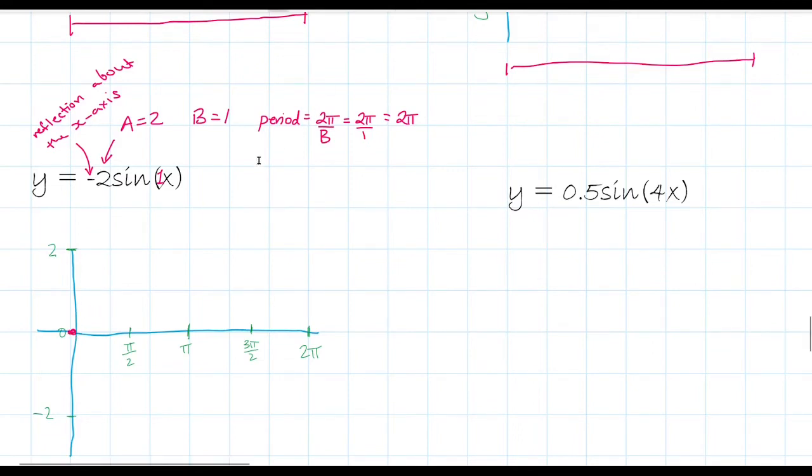And then now, instead of plotting pi on 2 up here, we're going to come down and plot it at negative 2, back to 0 at pi, and then plot up here and then back at 2 pi. And there, now we've plotted it.